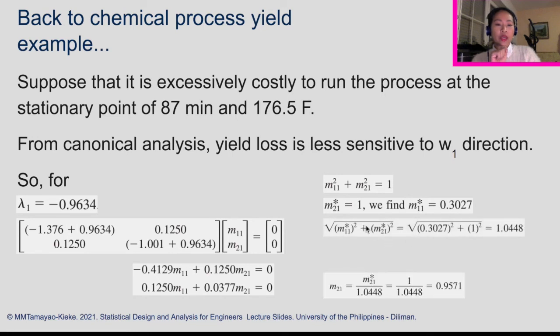Then we take the square root of M11 star squared plus M21 star squared, so we normalize it. And so we get M11 equals M11 star over 1.0448, which results in 0.2898 for M11, and for M21 this is equal to 0.9571.